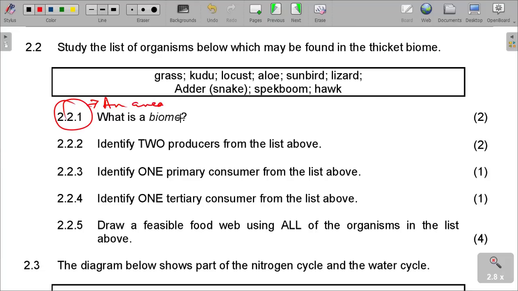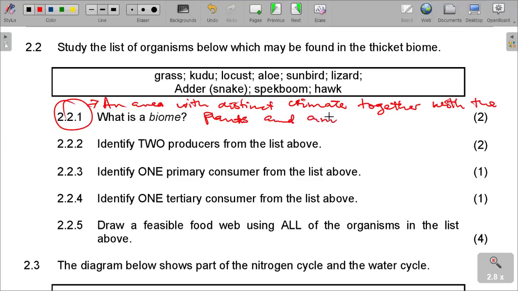A biome is an area with a distinct climate, together with the plants and animals that live there.